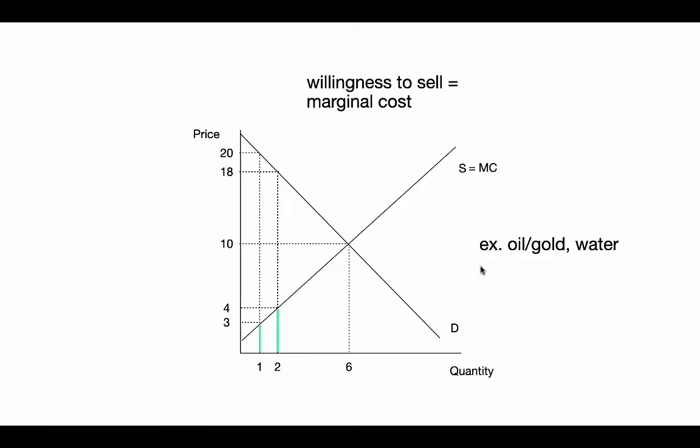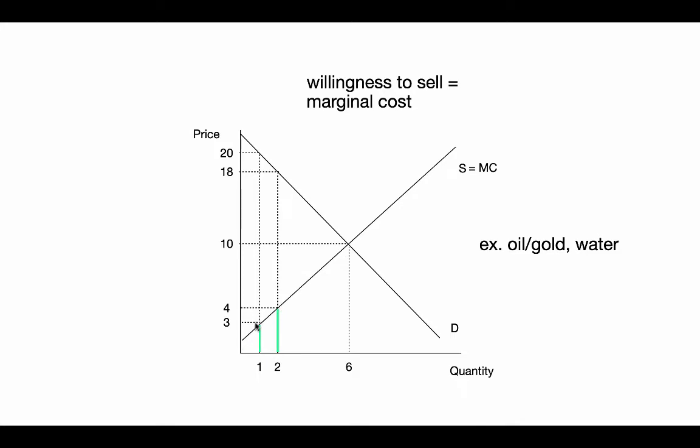The 10th gallon, the first one that I'm willing to get rid of, for me that opportunity cost is going to be really low, because I have certain uses for water. Maybe I'll use it to wash the dishes, wash the car, and most important is to drink it. But that 10th gallon I really don't have an important use for. So the opportunity cost of getting rid of that is going to be really low.